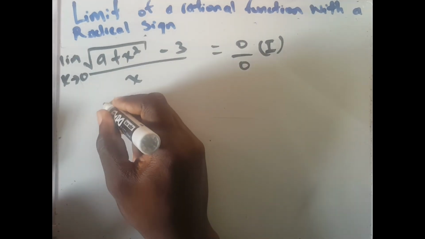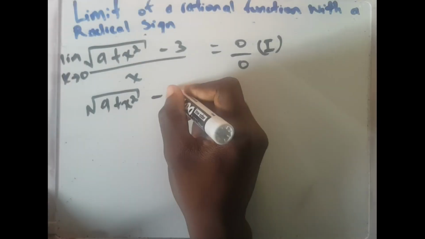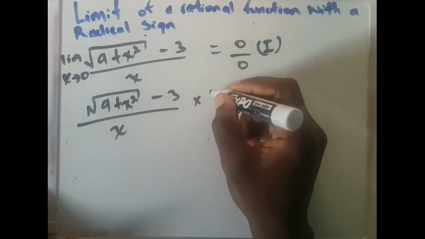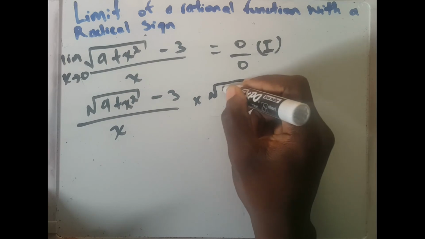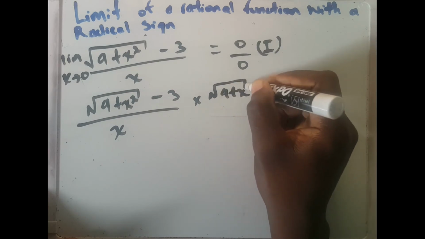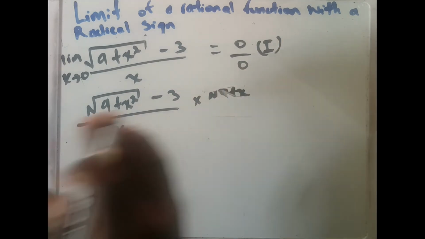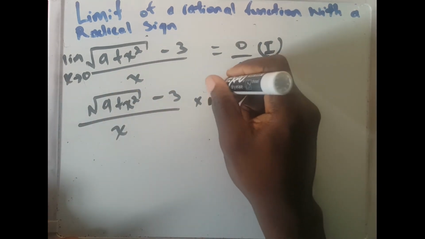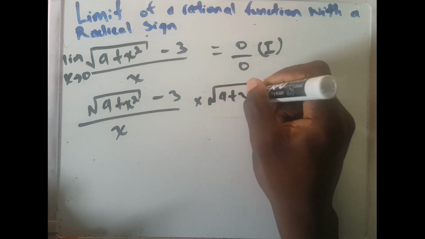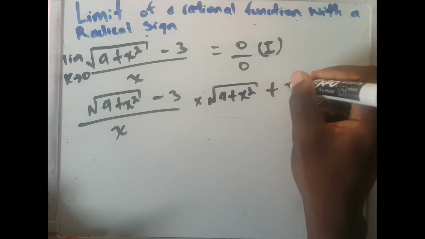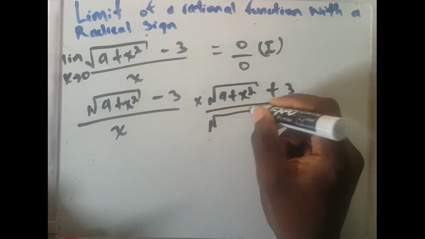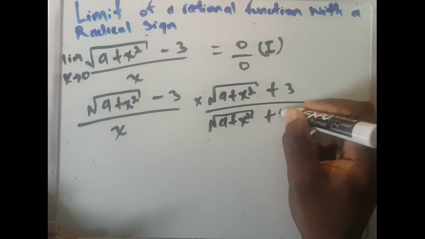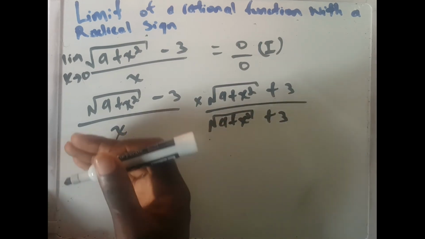So I will rewrite my function, root 9 plus x squared minus 3 over x. And I multiply this by root 9 plus x squared plus 3 over the same thing, root 9 plus x squared plus 3. And this is the same thing as multiplying by 1.